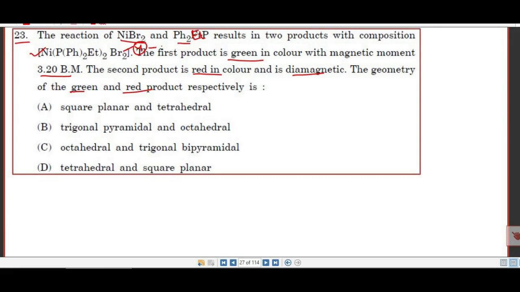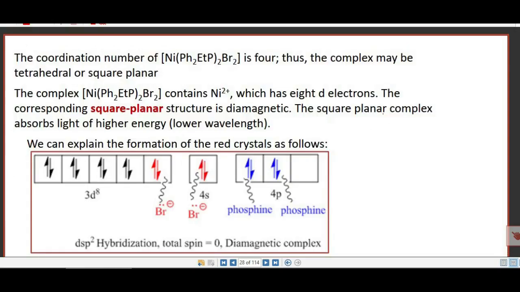For a 4 coordinated complex ML4 you will get only 2 options. One is sp3 hybridization and another one is dsp2 hybridization. Hence option B is wrong. Option C is wrong. Either option A or D will be correct. So we will see which one is correct. The coordination number is 4. Hence the complex is tetrahedral or square planar.